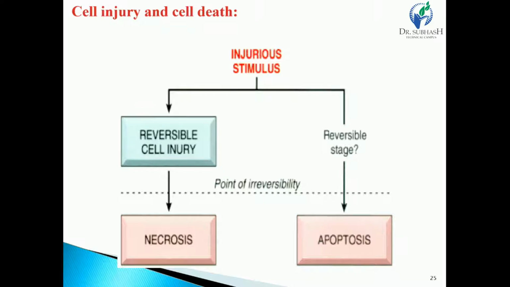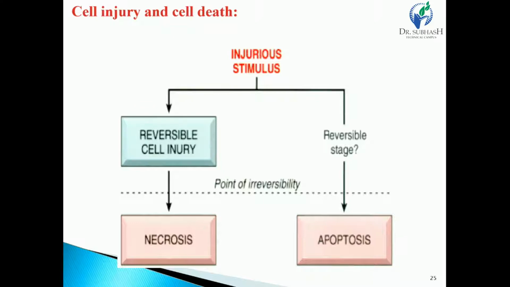What does this definition mean? Here, n number of reasons or a variety of stresses are responsible for the cell injury, and for that a specific etiologic agent can be responsible. A specific cause will be behind that injury.